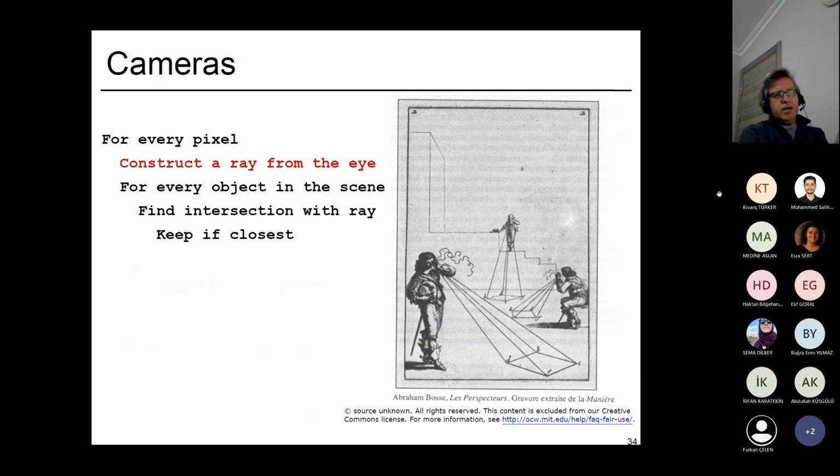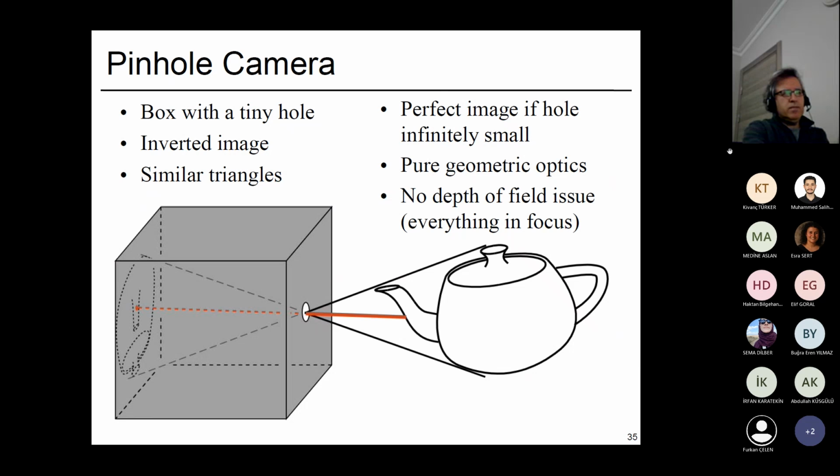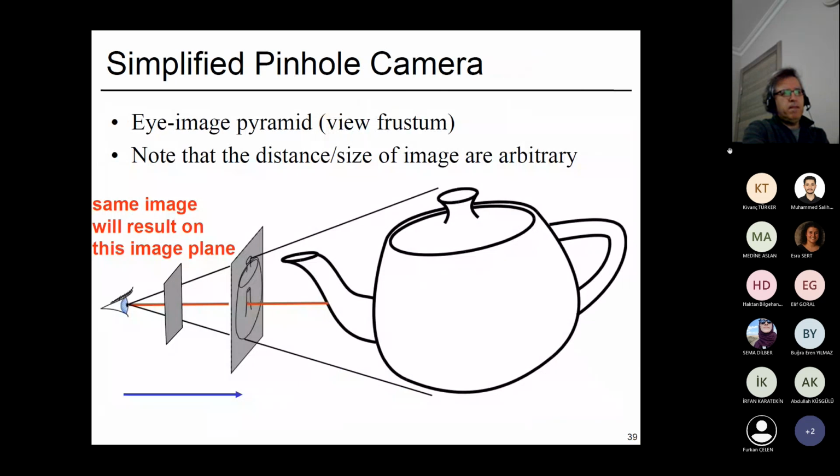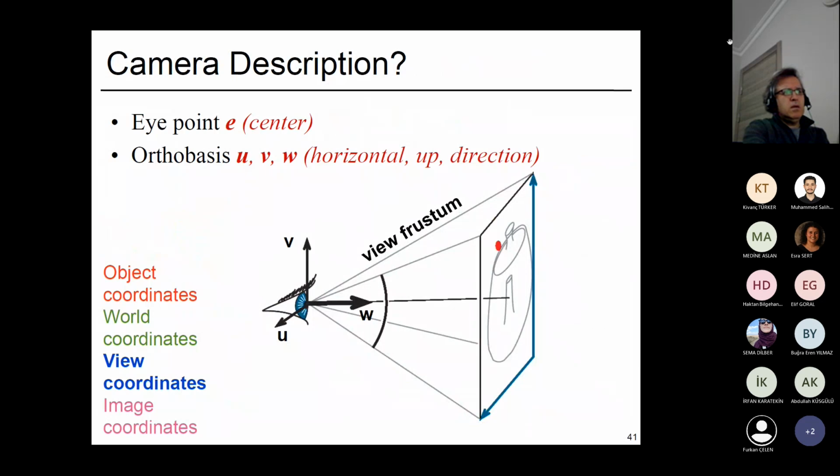All right. So how do we construct a ray? Let's go back to that one. The way that we do this is we start with the camera description, of course, and for the camera we use our pinhole model. The pinhole model is a simple model, and we have the eye center and the viewing frustum, right?